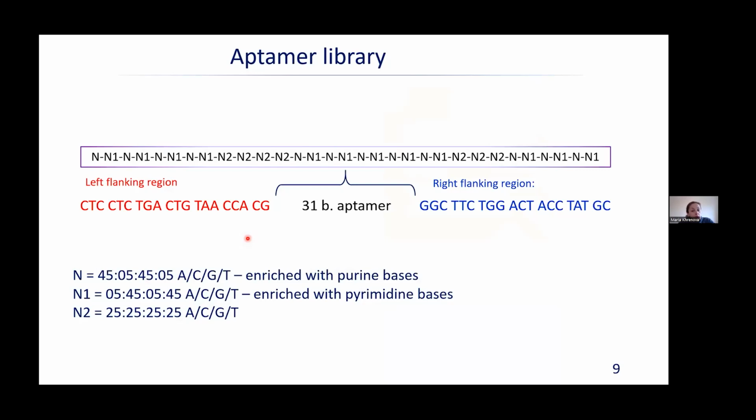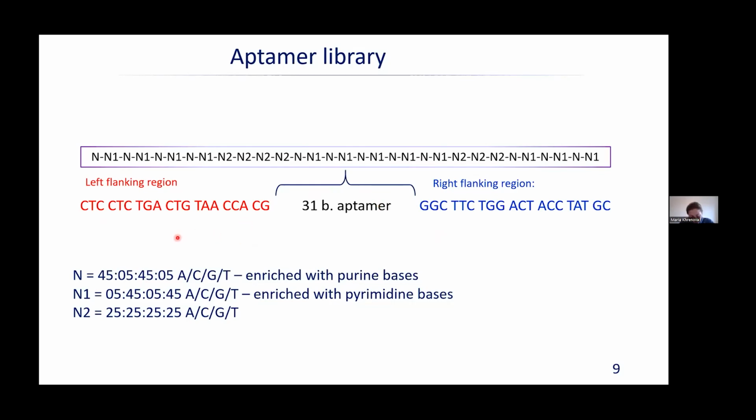So here is our library. Our aptamer library was composed of oligonucleotides with the potential aptamer in the middle of the sequence, and constant regions in the left and right flanking regions that were intentionally added so that we can find these middle parts when sequencing.